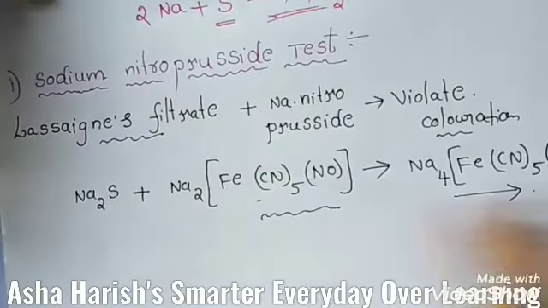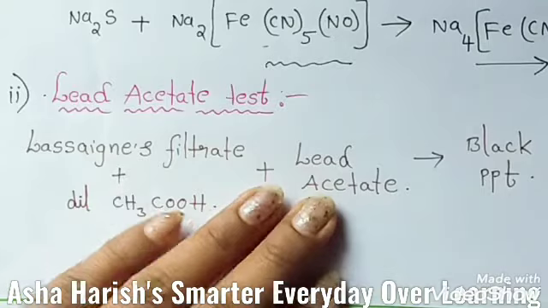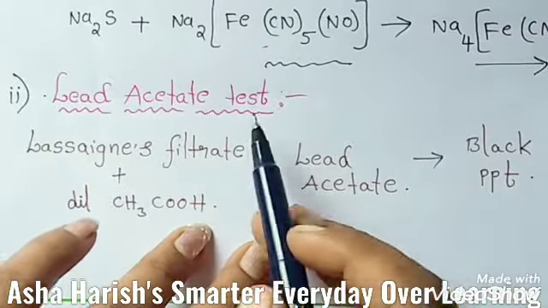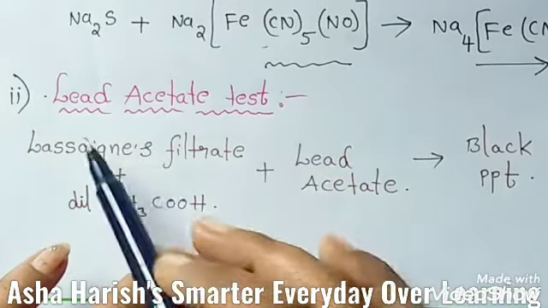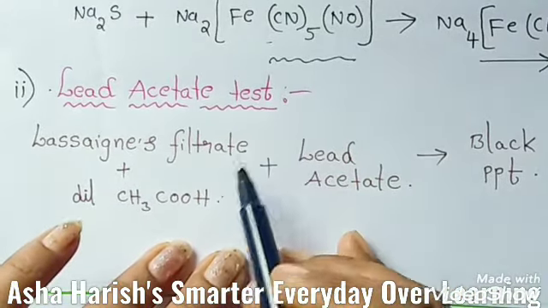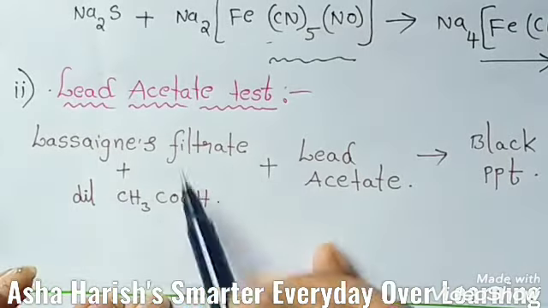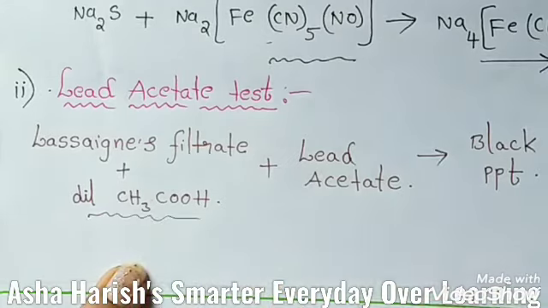Let's see now. The second test is the lead acetate test. In this test also we can use Lassaigne extract. Another portion of the Lassaigne filtrate is acidified with dilute acetic acid, CH3COOH.